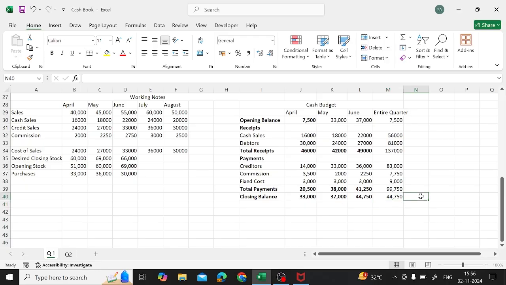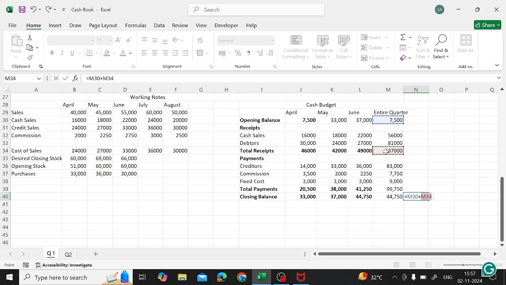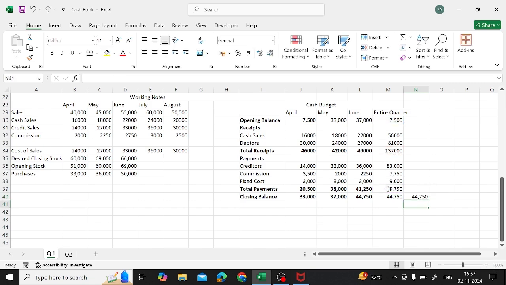You can check also that this plus this minus this comes out to be the same. So I'm highlighting it. You have to do the formatting yourself. I'm not going to do it.